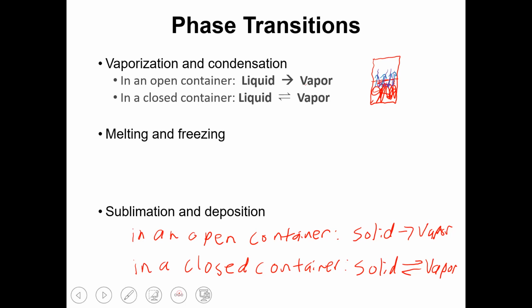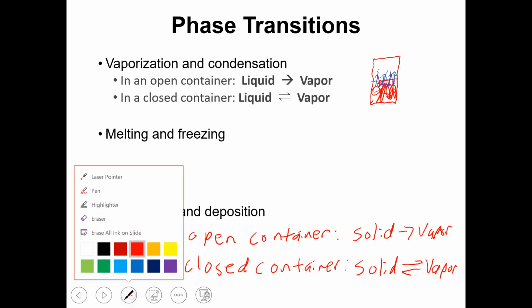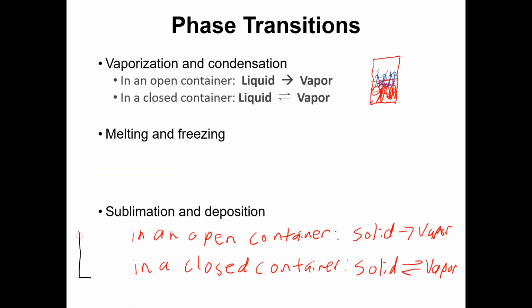One example of this is if you've ever seen a particle of iodine in a closed container. Iodine has a violet color to it, though it looks kind of blackish sometimes if you're just looking at a solid particle. If you put your solid piece of iodine into the container, eventually you'll start to see some violet color, and that violet color will get darker and darker until it reaches a point where it doesn't get any darker.